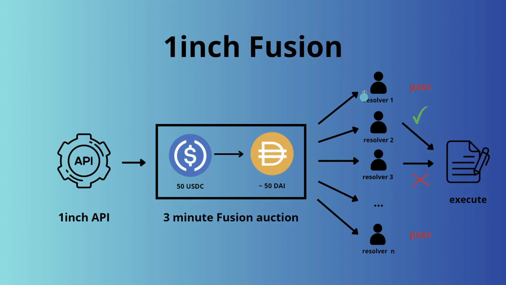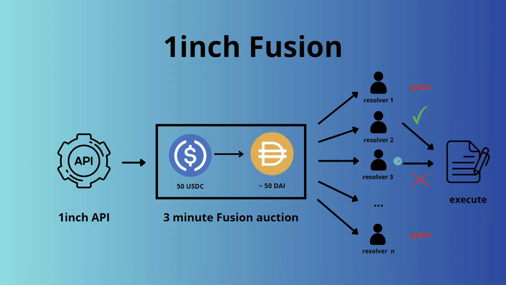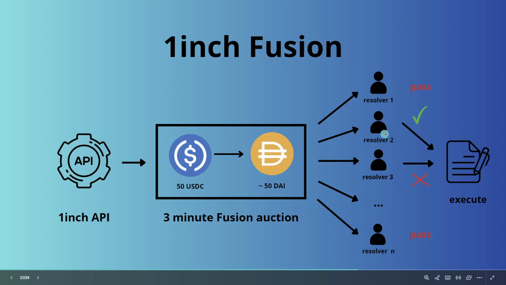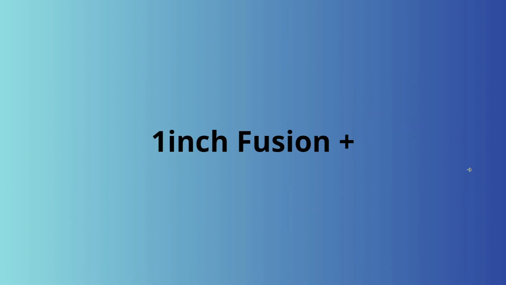Of course, there will be resolvers that will pass this swap, and if two resolvers compete for the same order, whoever pays the most gas will win. And then, of course, a resolver takes the order and executes the transaction.